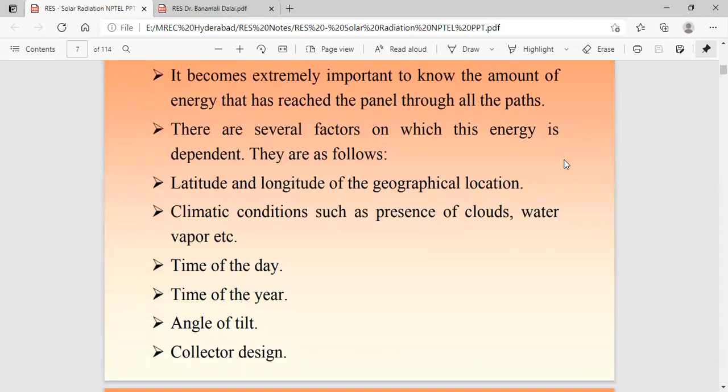It becomes extremely important to know the amount of energy that has reached the panel through all the paths. There are several factors on which this energy is dependent.